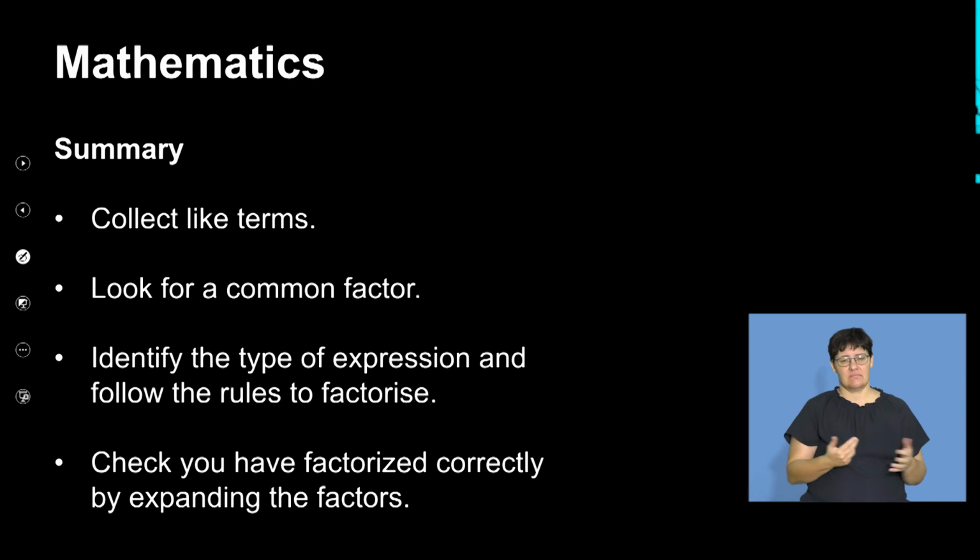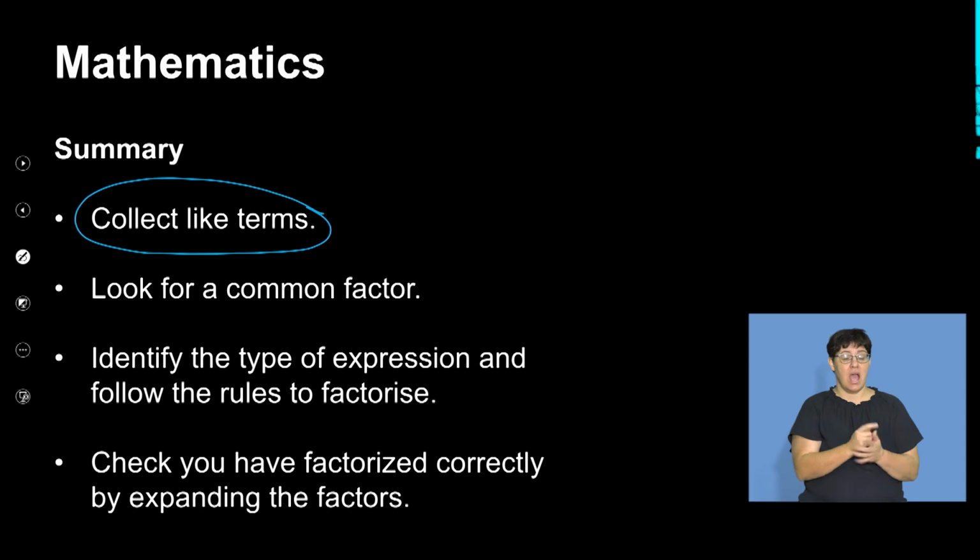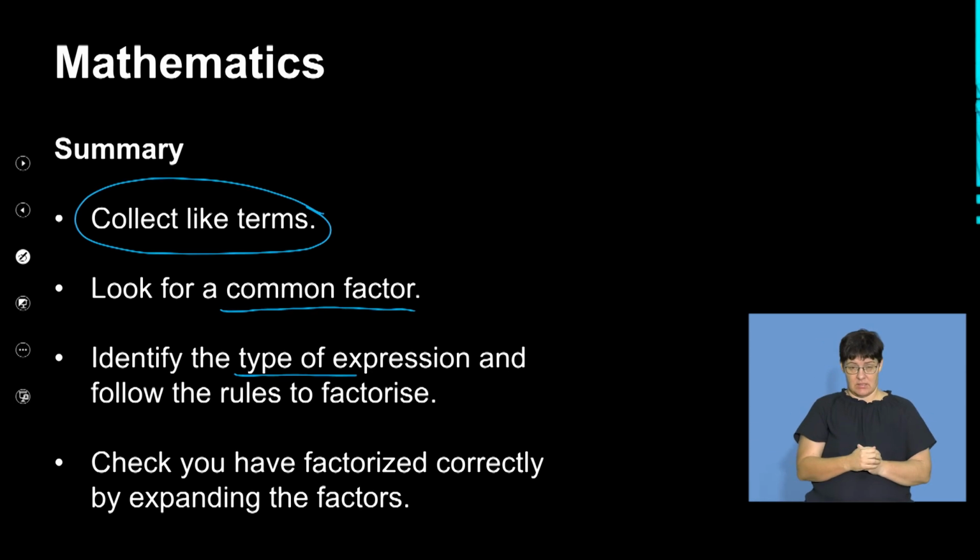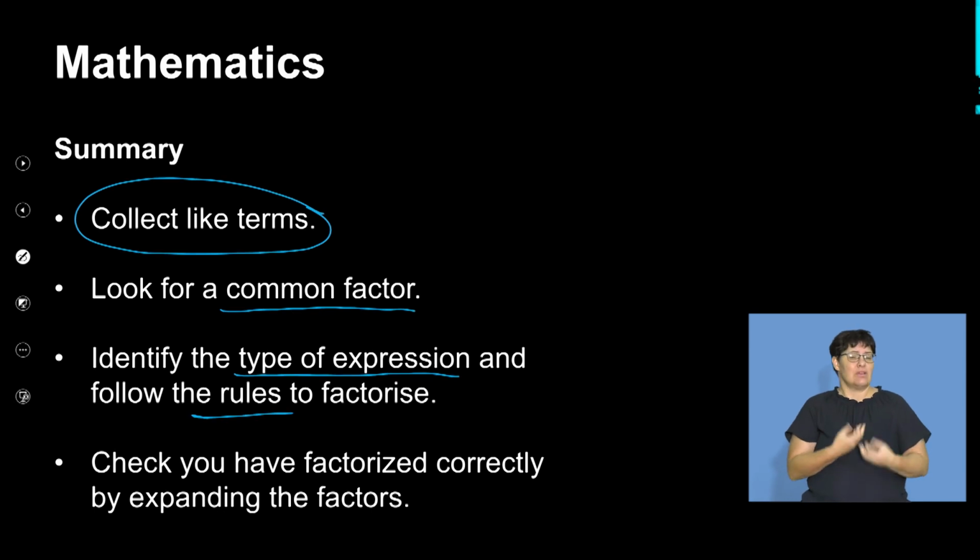Now, make sure that you always collect like terms, right? When you are trying to factorize, always also look for a common factor. It does not really matter whether it's a trinomial or what. You start with a common factor first, and then you identify the type of expression, and then you follow the rules, right?